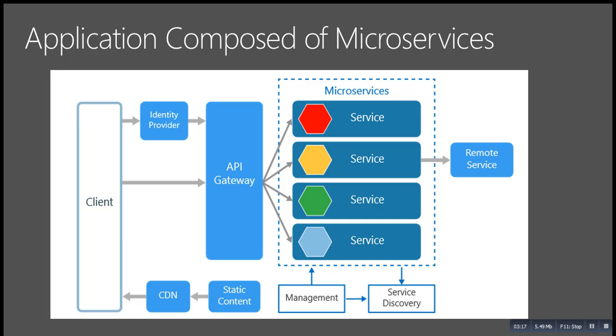I'm just giving a high level architecture: a client application interacts with an API gateway, and the API gateway will be front facing for our microservices, and the microservices will get deployed in a microservices fashion on any platform which can support microservices.